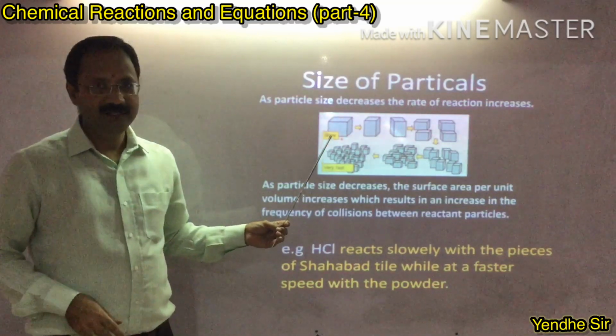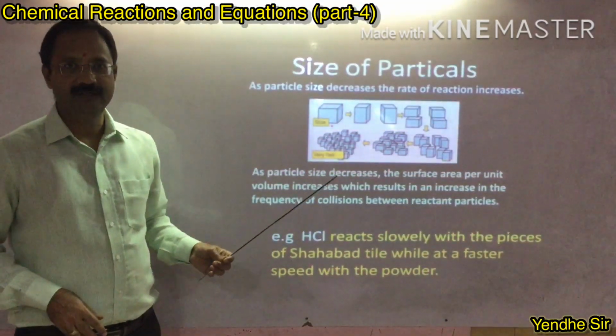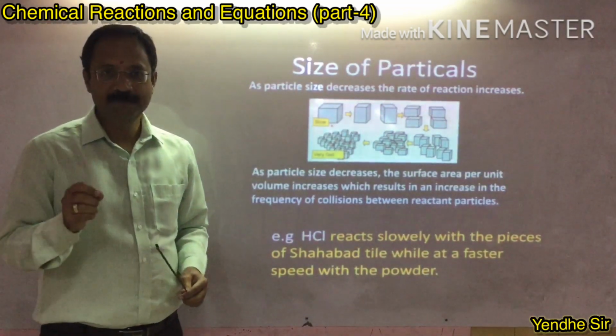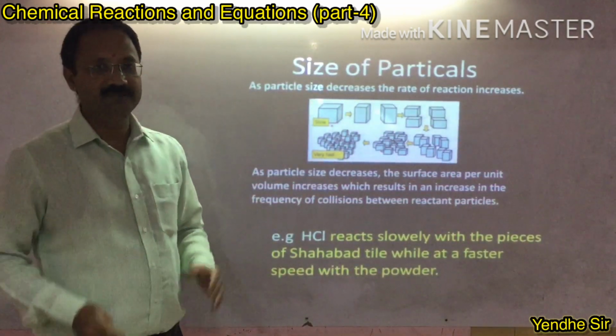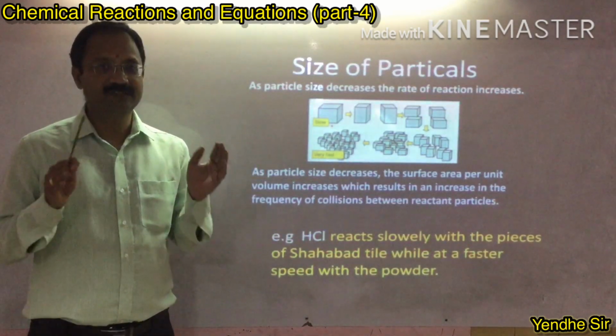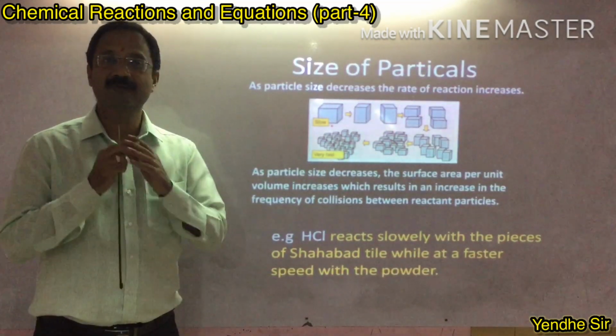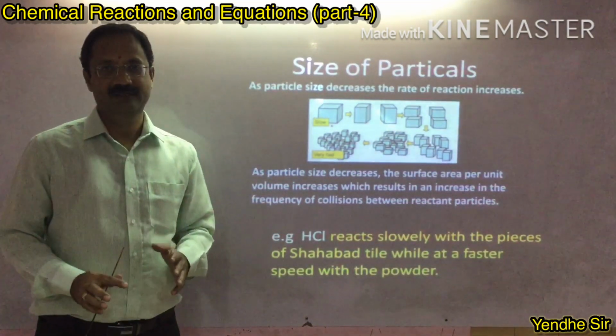See this particle, its size is bigger and this one's size is smaller. So it means if the size of a particle is bigger, then the rate of reaction will be lesser. If the size of the particle is less, then the rate of reaction will be increased.